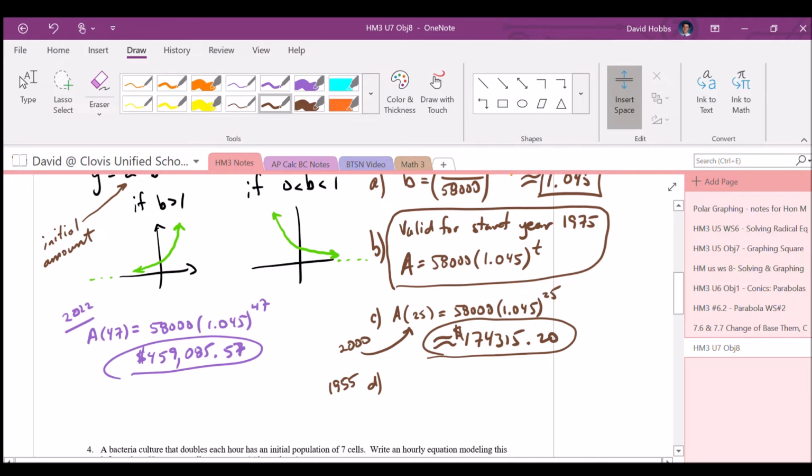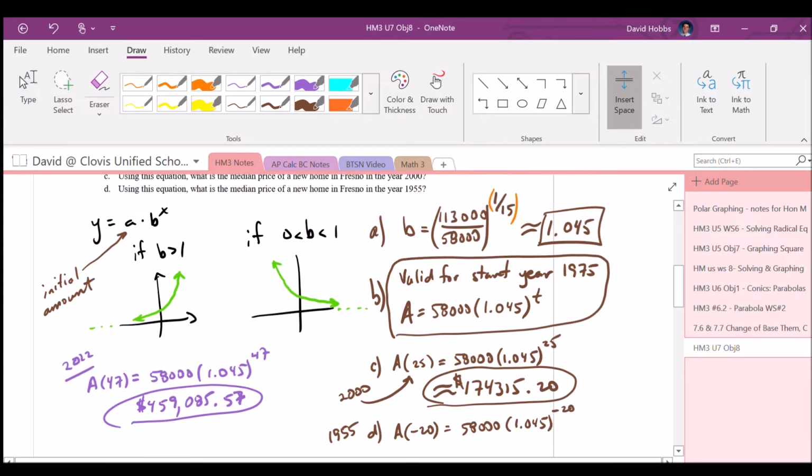Well, it's 20 years in the past. Maybe it's not quite as accurate, but on the other hand, we're going back in time, and so we're going to be plugging in a negative 20. So A of negative 20: 58,000 times 1.045 to the negative 20.